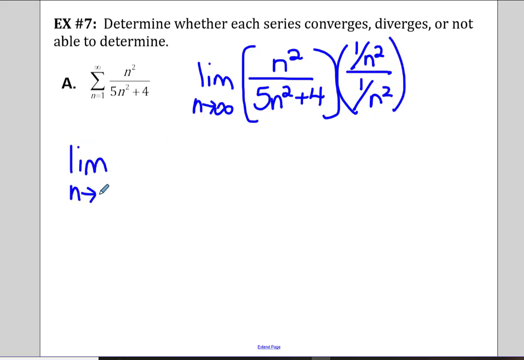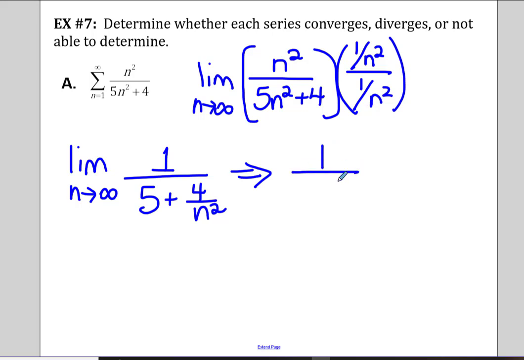I tell my students this is the dividing out technique. So n squared times 1 over n squared gives us 1, and 5 n squared divided by n squared is 5, and 4 divided by n squared is 4 over n squared. Taking the limit at infinity shows us 1 over 5 plus 0.